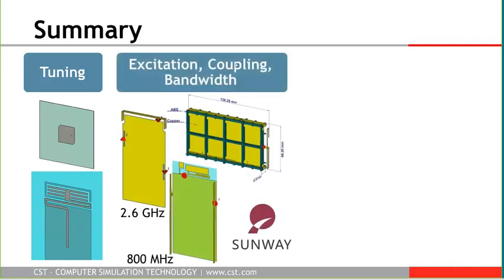Second, we have spoken about excitation, coupling and bandwidth, and for this particular topic, it was demonstrated on mobile communication antennas. But the procedures which have been shown can be used in general on any type of structure.